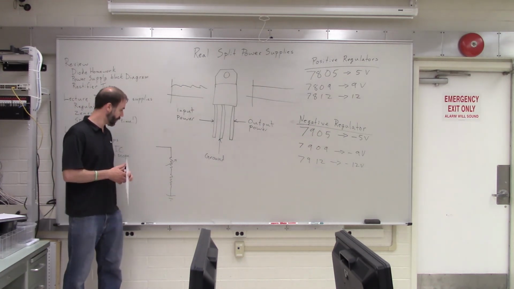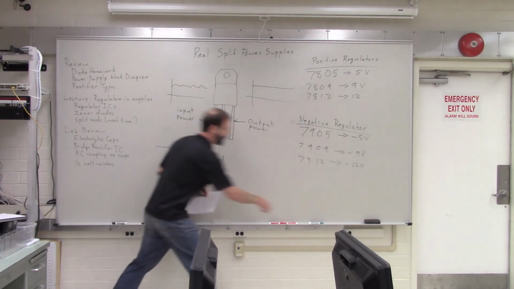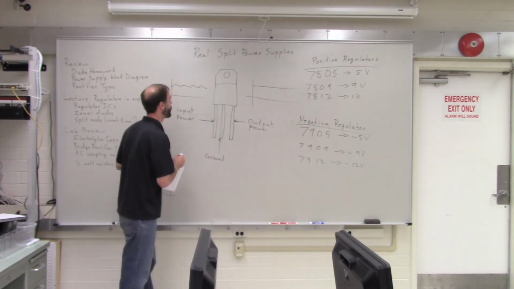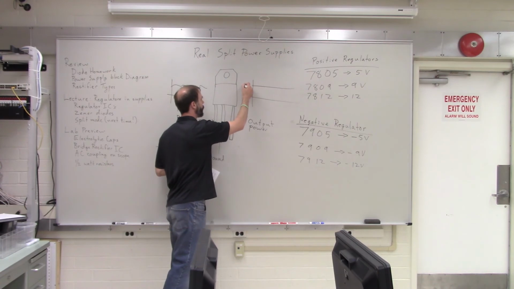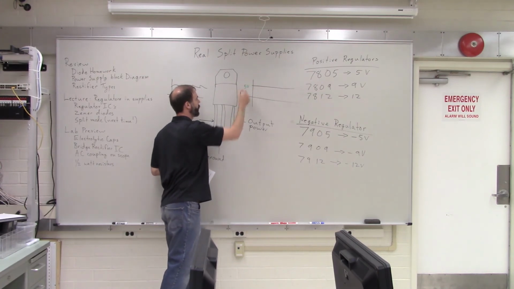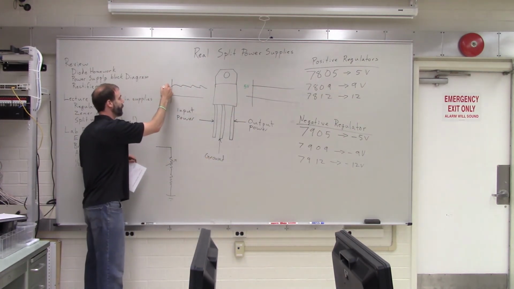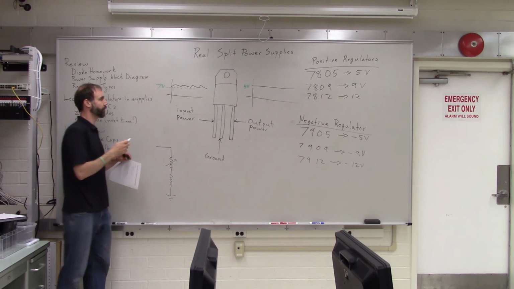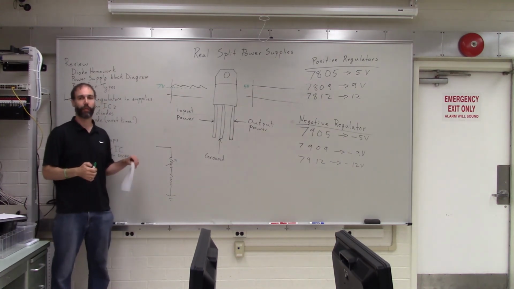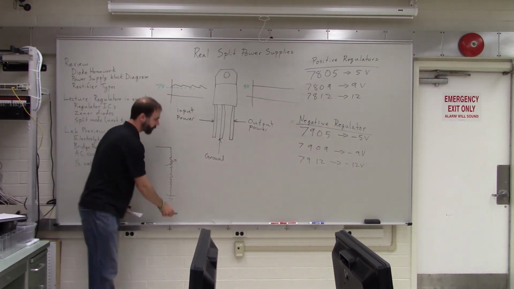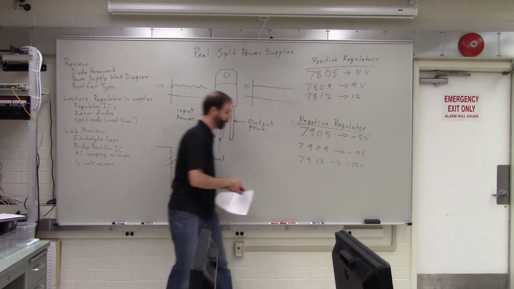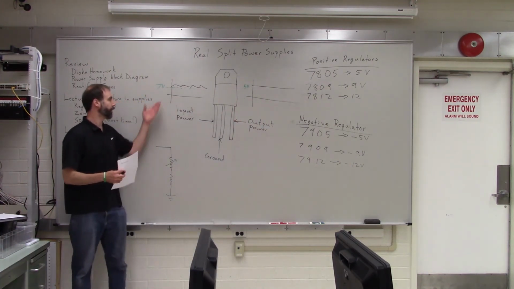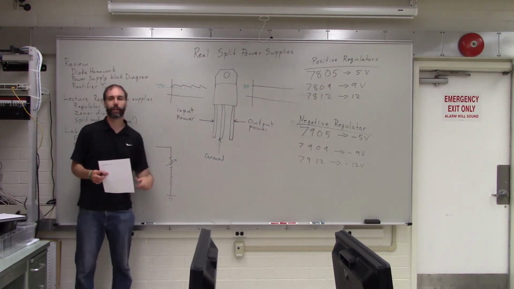So if you wanted to get out 5 volts, you would have to have more like 7 volts going in, okay? So you always lose a little bit of voltage, and that extra voltage just gets turned into heat, like I said.